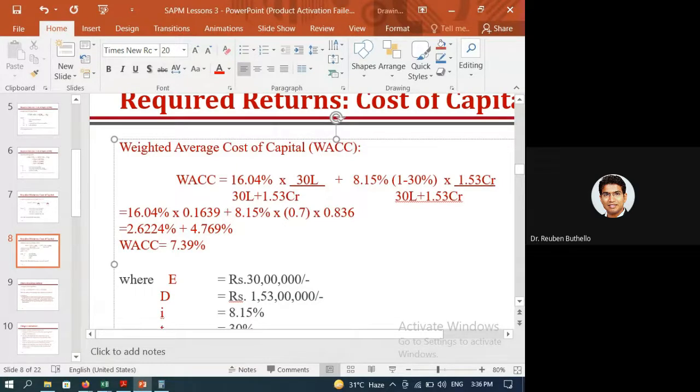What is the significance of this statement? Someone who's online, can you tell me what it means? The definition of WACC itself will tell you what it is.